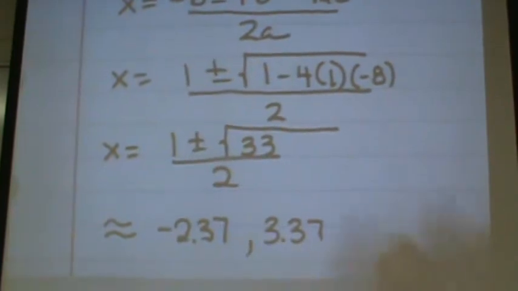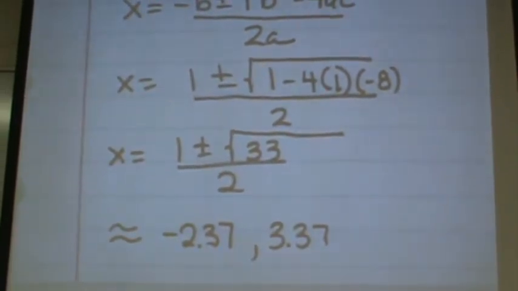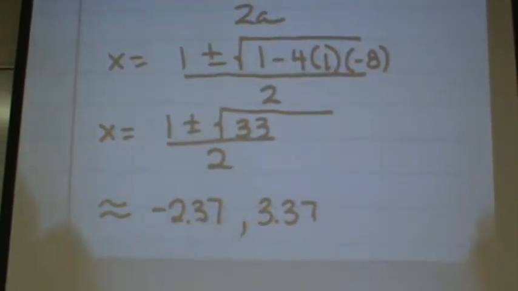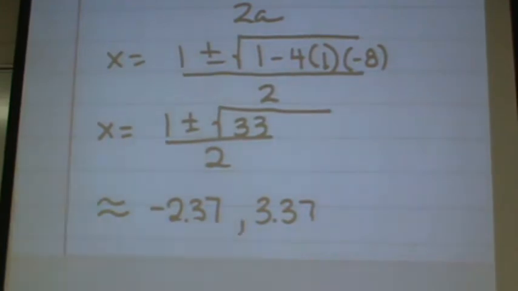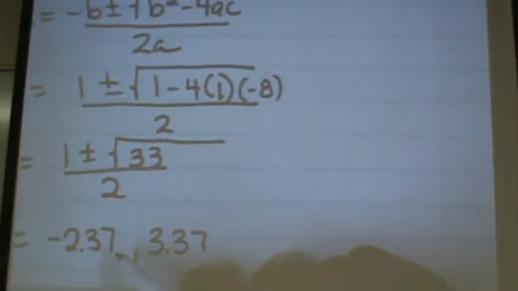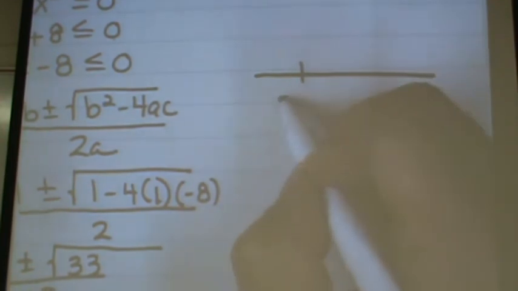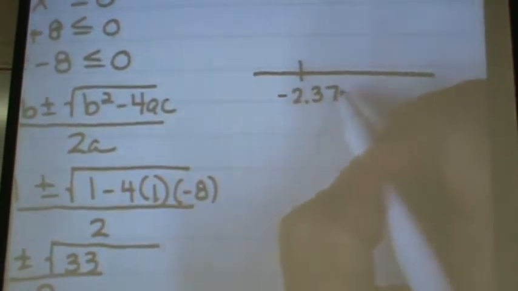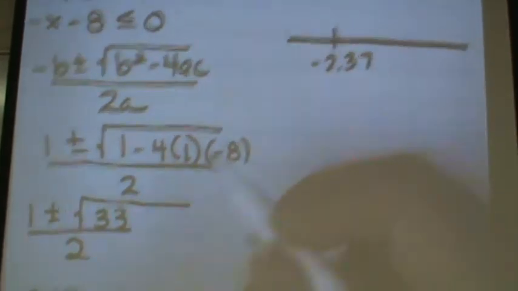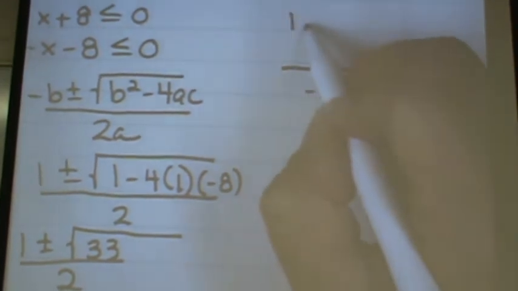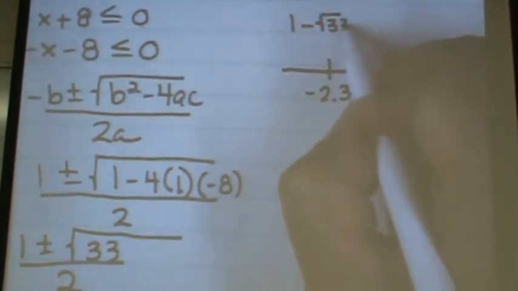Okay, so let's put our numbers on a graph to see where they're at. So we have negative 2.37, which the exact answer for this one would be 1 minus root 33 over 2.